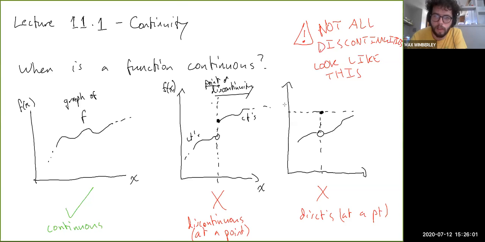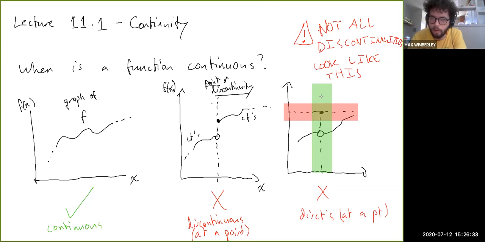No matter how thin we make the vertical rectangle, for this value of epsilon, there's no way to force the graph of this function to stay inside some vertical rectangle around x here.